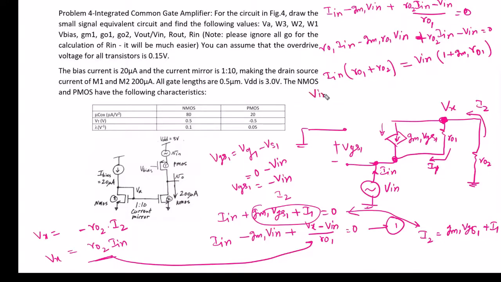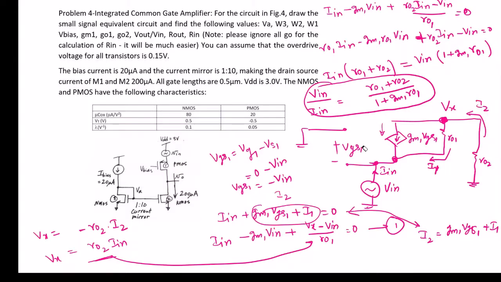So V in by I in will be equal to RO1 plus RO2 divided by 1 plus GM1 RO1. So this is the formula for the input resistance of the given amplifier.